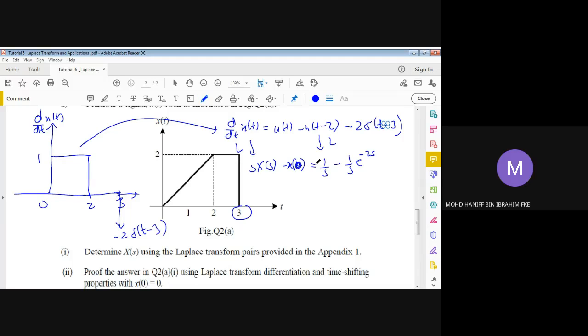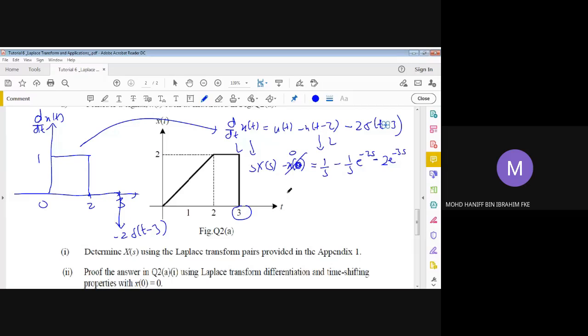For delta t minus a, it is exponential negative as. So we're going to have negative 2 exponential negative 3s. That should be the transformation for the delta function shifted by 3 units to the right. From here, we know x(0) is 0, so we just cancel it out.